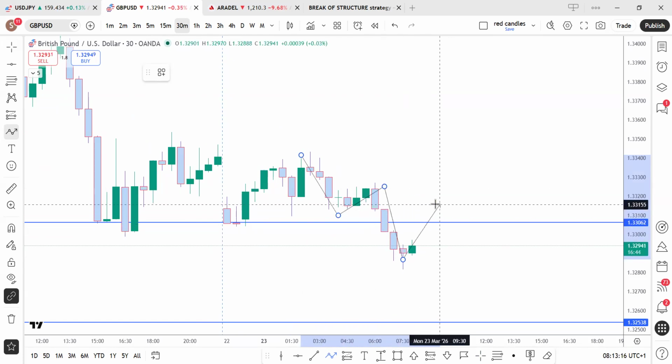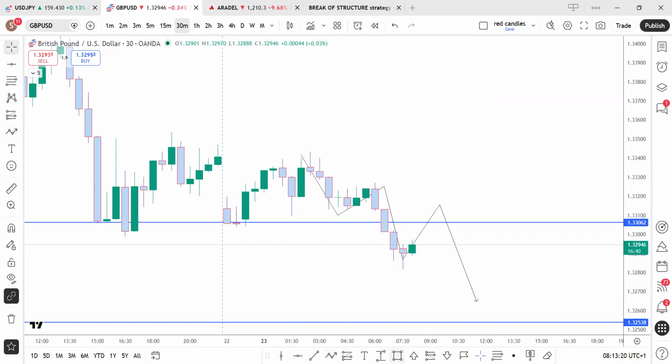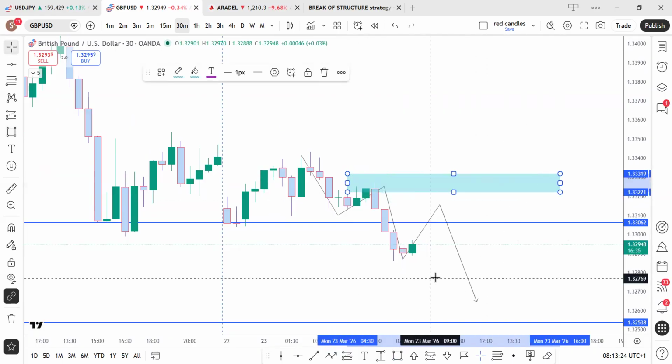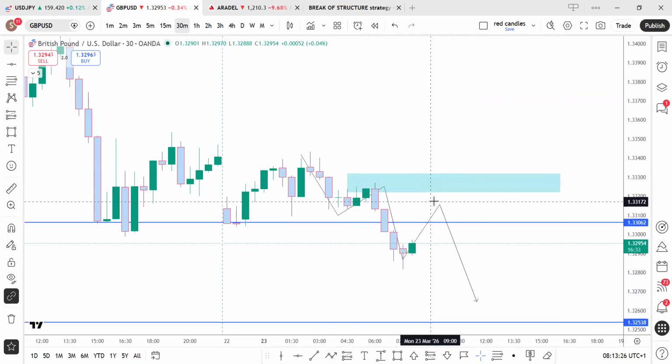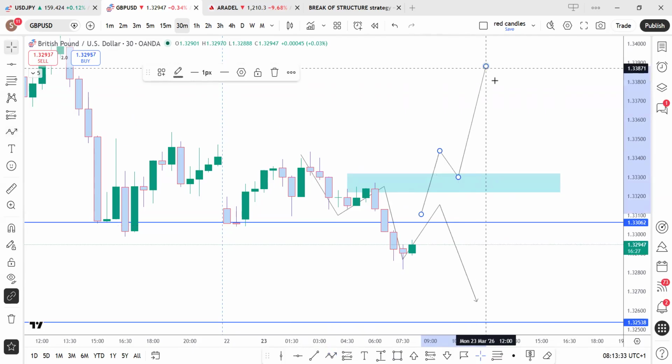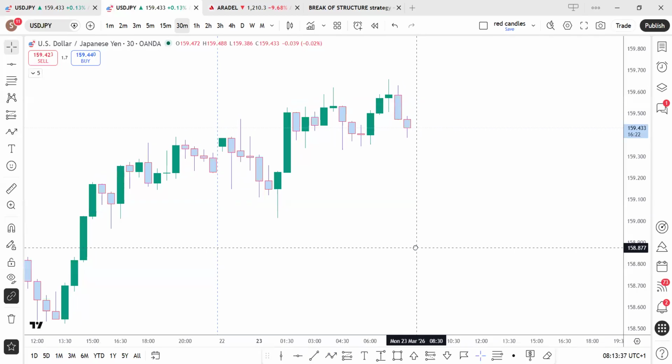As long as it does not break those highs there, we expect it to come back down, so let me put that line in the sand there. Otherwise, if it breaks above that line in the sand, then we see potentially that price is going to move up.